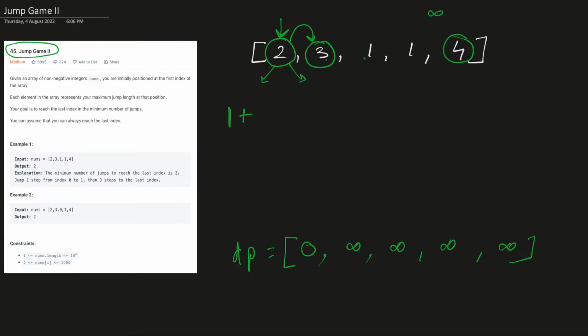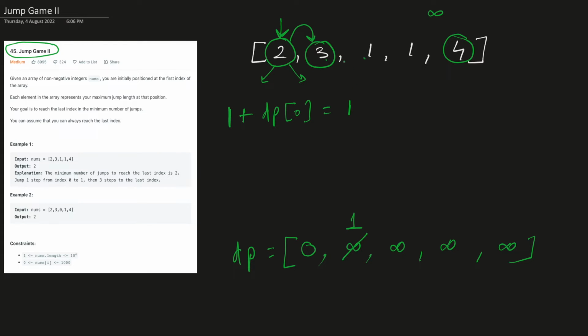How many jumps are required to reach 2? That is stored in our DP. What is that value? 0, so 1 plus dp of 0 is equal to 1. Is this less than what is currently stored here? Yes. Then we will strike this out and mark it as 1.